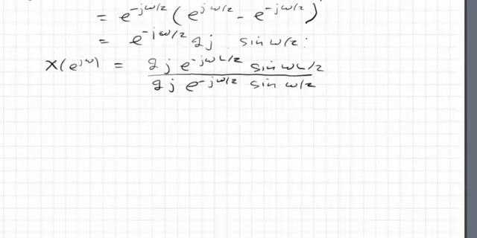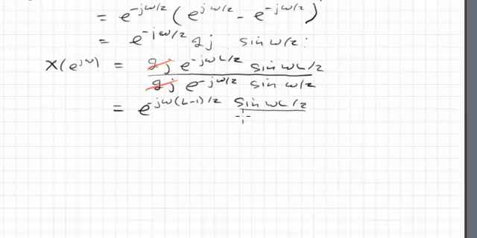Of course, the 2j's cancel, and we can merge these two complex exponentials and subtract this exponent from that exponent. We get e to the minus j omega times (L minus 1) over 2, and then a ratio of sinusoids: sine omega L over 2 over sine omega over 2.